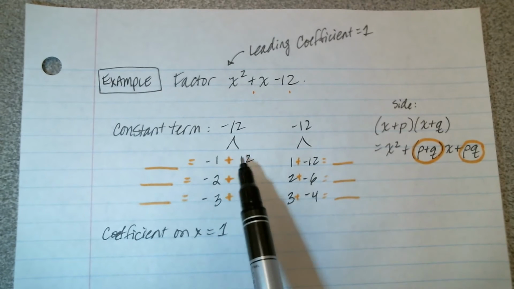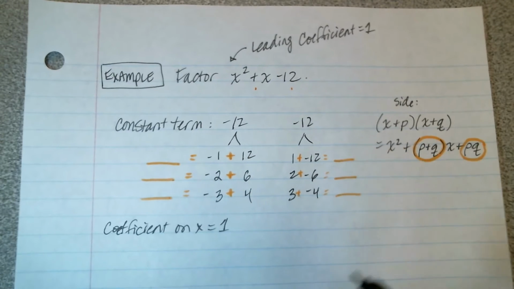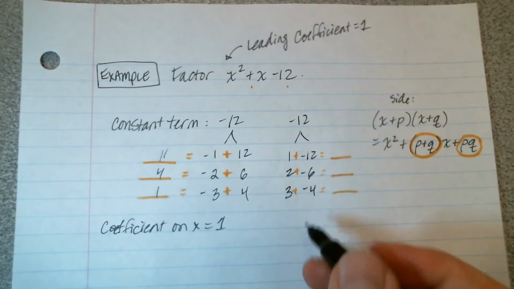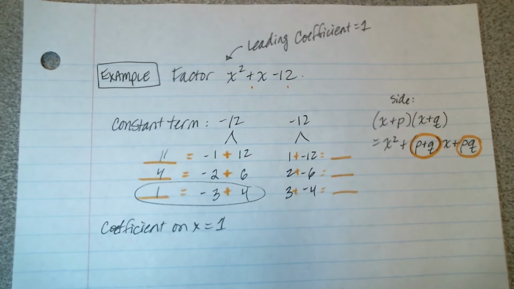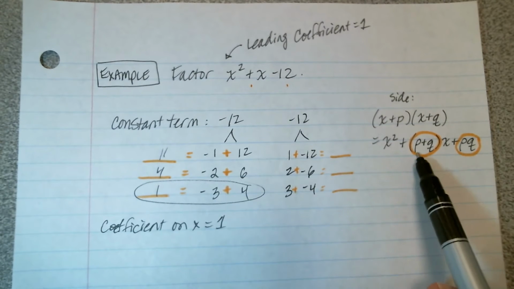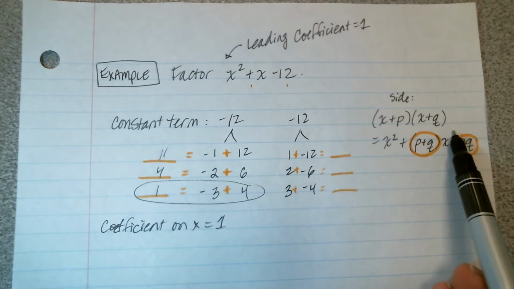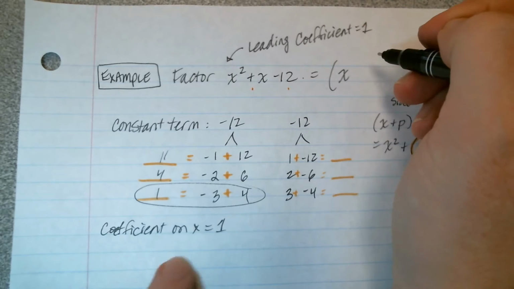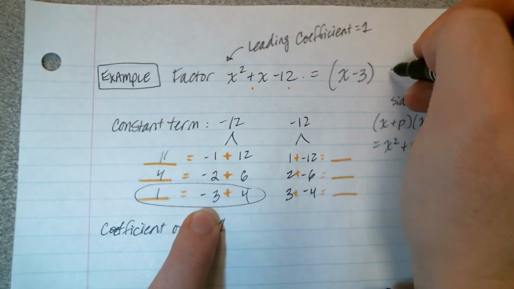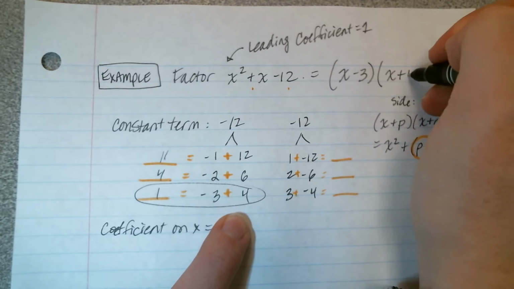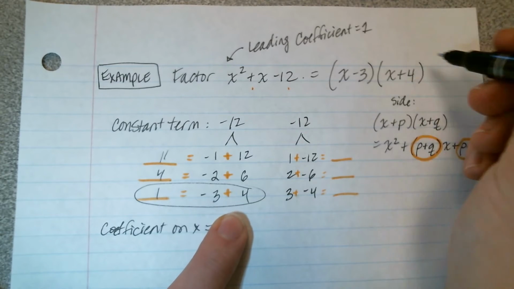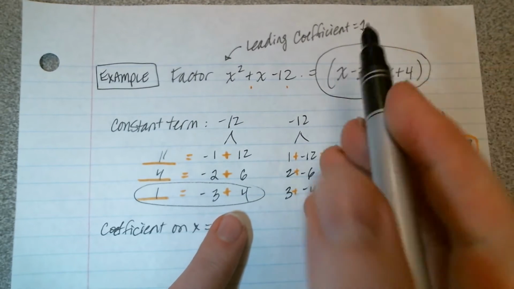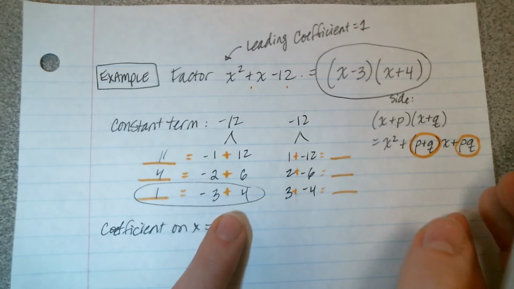So I'm looking for the correct 2 numbers that will add up to +1. So I've got 4 and -3, which sum to 1 right here. That's what I want. 4 and -3 are my P and Q values. So when I'm factoring this, I'm going to get x minus 3 times x plus 4. And you can always check your work by multiplying this back out to make sure you get this quantity right here.